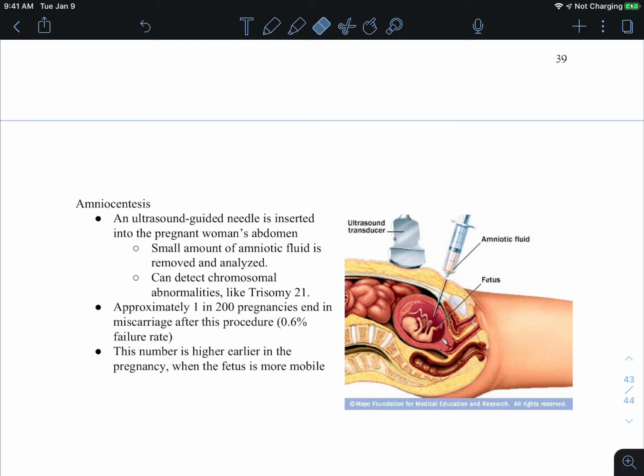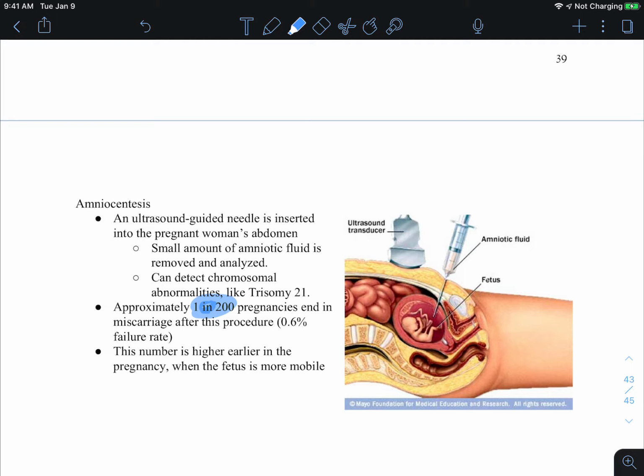Now, ideally, the needle is so small that when it pierces into the amniotic fluid, it will not disturb the fetus at all. And it won't even disturb the sac. It's going to be such a small, thin needle that it should not damage the sac at all. Now, there is the case where 1 in 200 pregnancies can be terminated by accident from this amniocentesis.